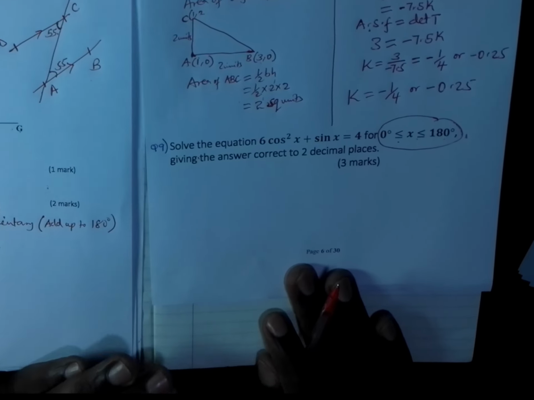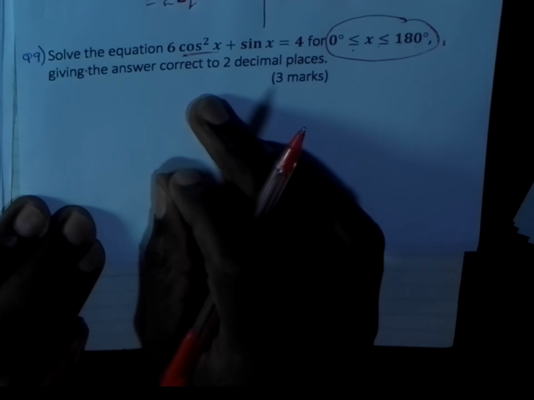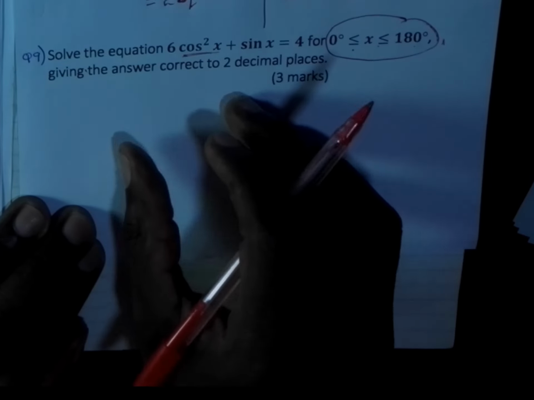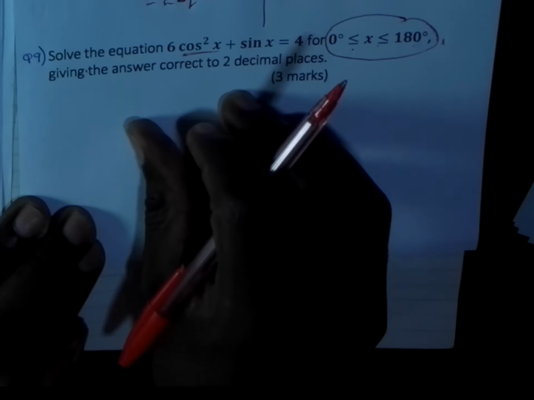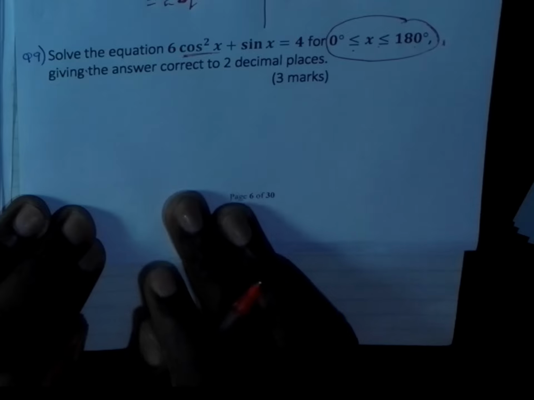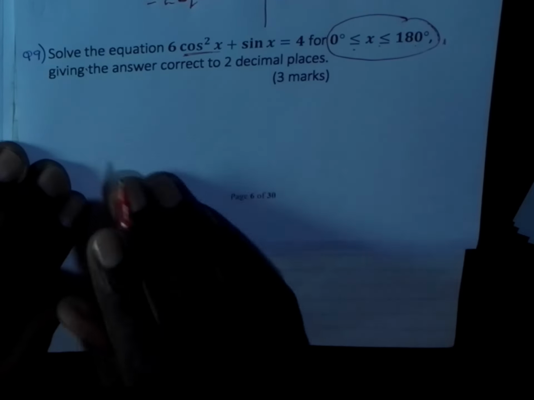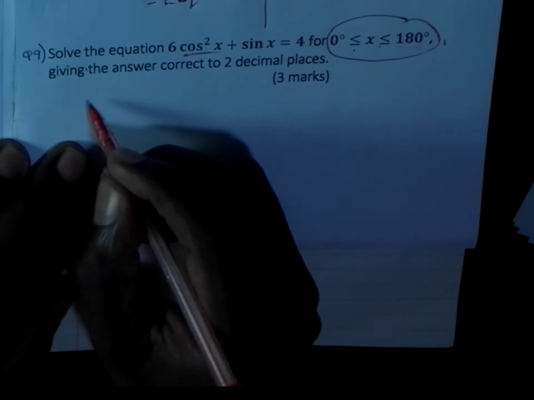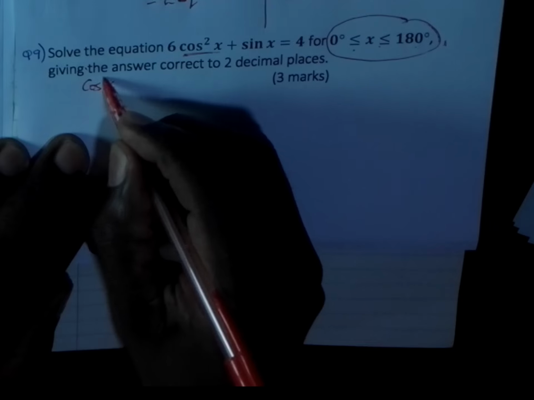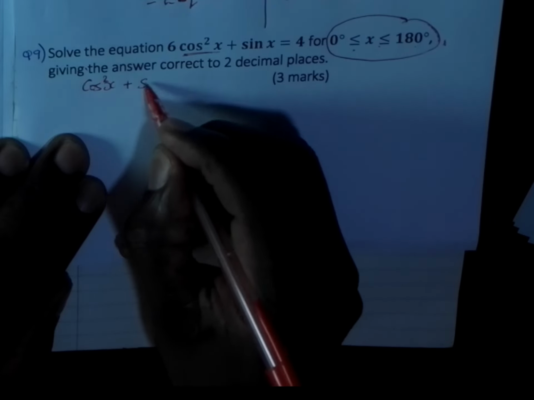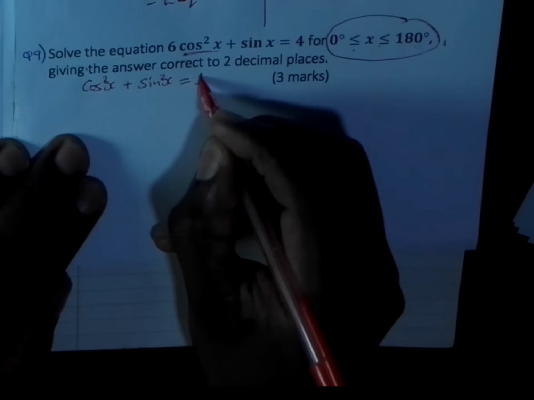One thing we need to note is that this question is tested on Trigonometry 3, a topic in Form 4, and therefore one thing we need to remember is the trigonometric identity, whereby cosine x squared plus sine x squared is equal to 1.